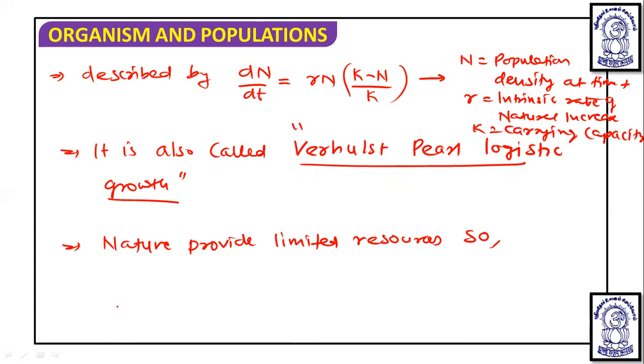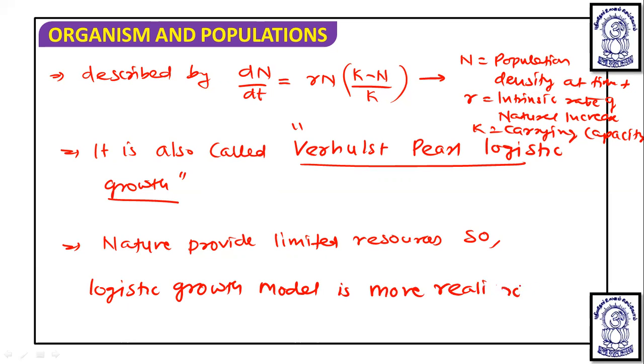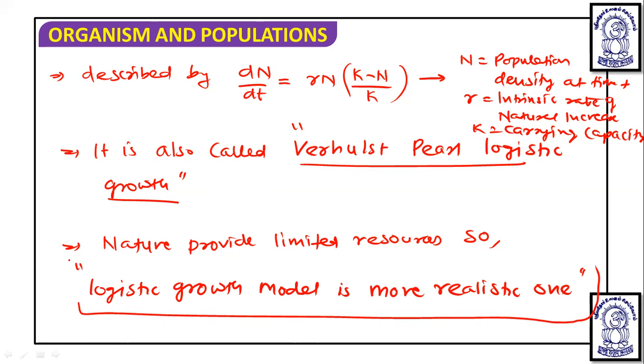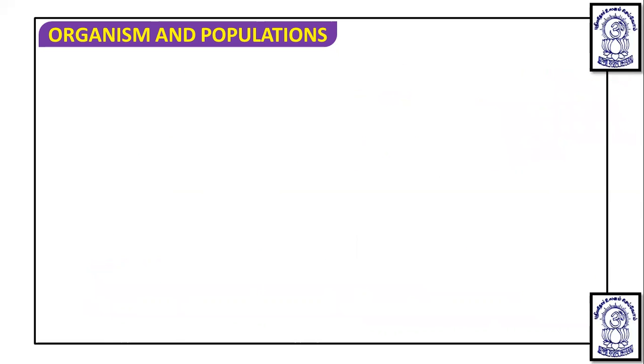So the logistic growth model is the more realistic one. Okay, so this is the important point that you should remember. And that is all about the growth models. I hope you understood both the types, the logistic and the exponential growth models.